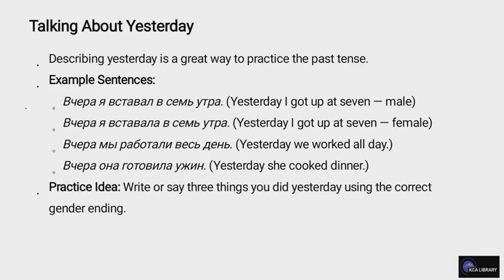Yesterday I got up at 7, female. Vchera my rabotali ves den. Yesterday we worked all day. Vchera ona gotovila uzhin. Yesterday she cooked dinner. Practice idea: write or say 3 things you did yesterday using the correct gender ending.